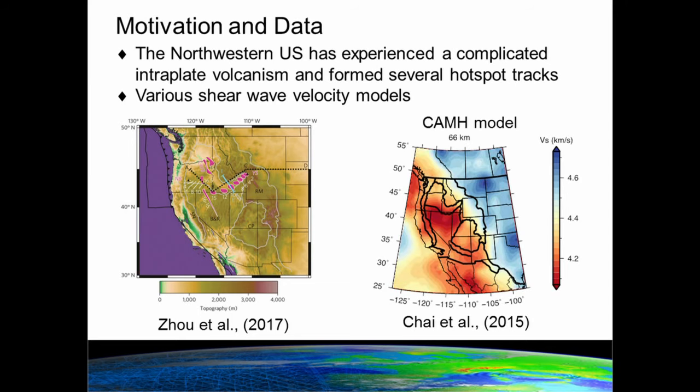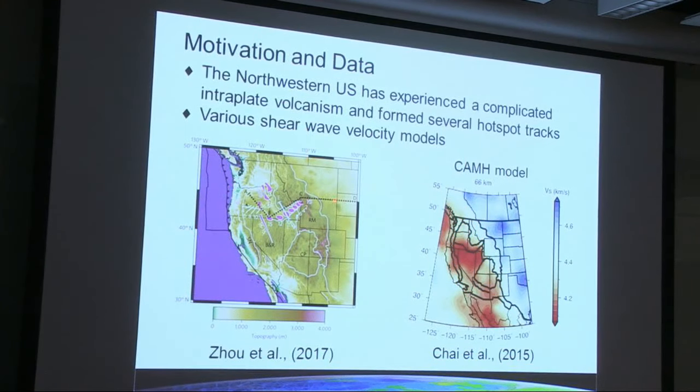The Yellowstone hotspot track moves following the plate motion, while the Newberry hotspot track propagates in the opposite direction. These different propagation directions make it difficult to explain the origin of the hotspot tracks.